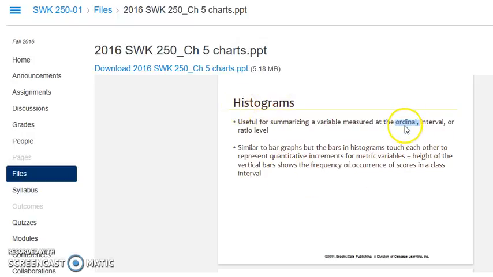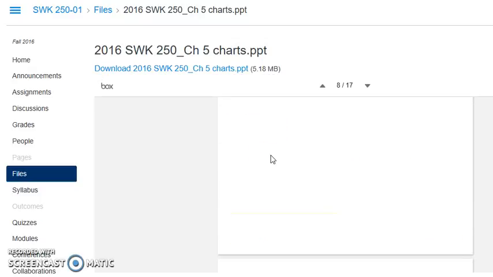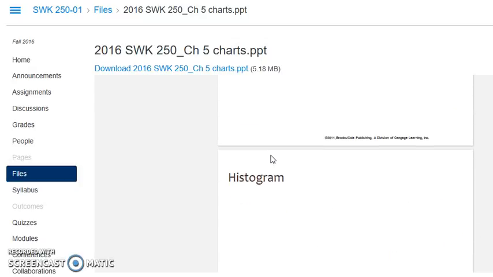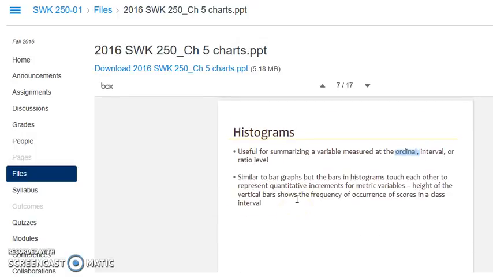I rarely see ordinal displayed with a histogram, and so at this point, I don't think you should take part in that. The picture did not come up, but it looks just like a bar graph, except for the bars will actually touch each other. Okay, so if you're looking at age again, I gave that example earlier.